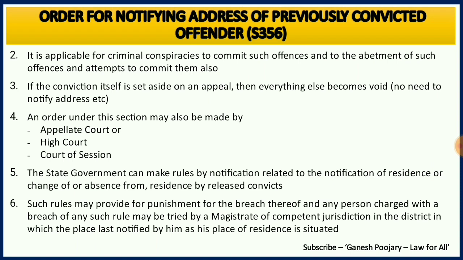That is very important. If there is opportunity for appeal, and in the appeal he is proven to be not guilty, in that case everything discussed under 356 becomes void and the court cannot ask to notify the address and other details.